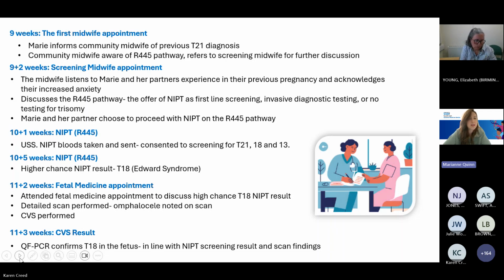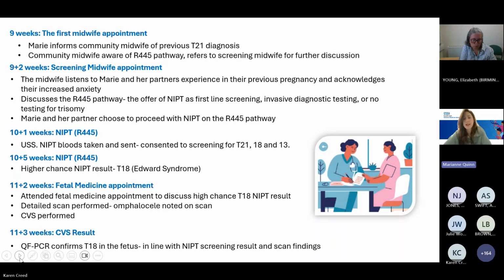At 10+1 weeks, she comes in for an early dating scan, and those bloods are taken and sent, and she consents for screening for trisomy 21, 18 and 13. A few days later, she receives a subsequent high chance NIPT result for T18.